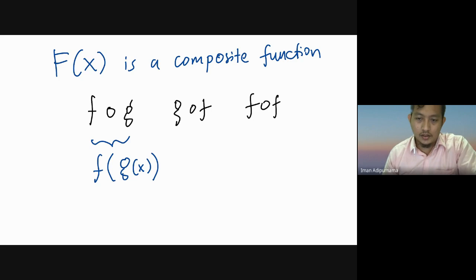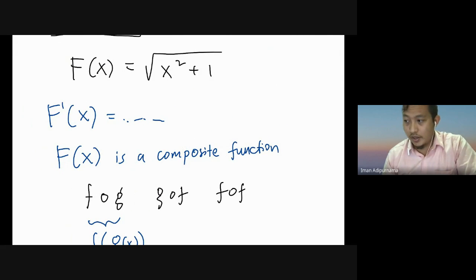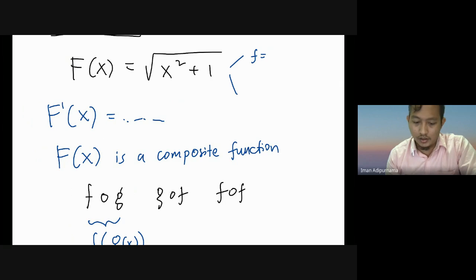And if we look at the F here, it's going to have at least two functions: f is the square root of x, and g is x squared plus 1. And precisely this f of g becomes the square root of x squared plus 1. So it becomes this, right?